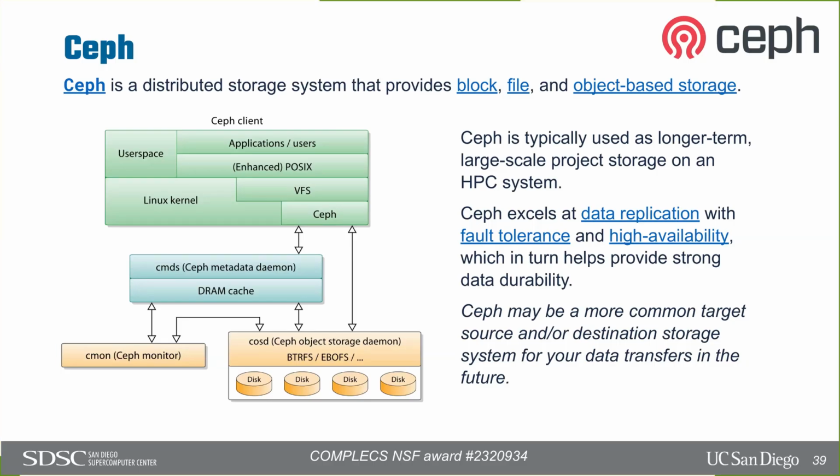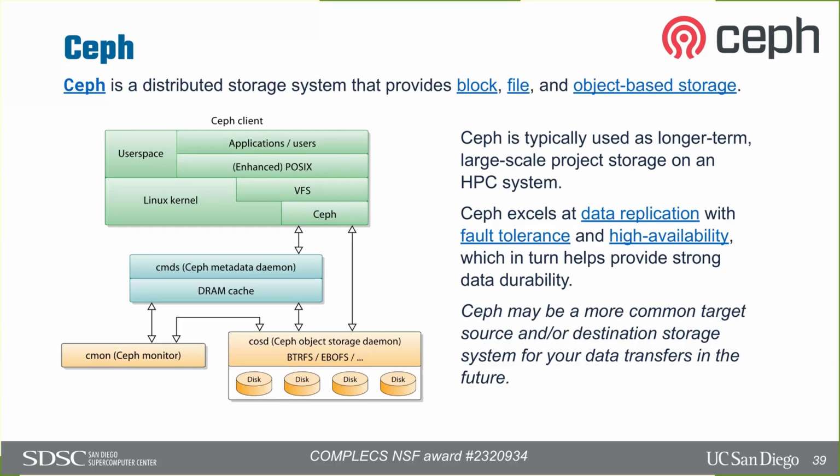It supports everything from POSIX file systems to object storage. It's pretty commonly seen these days as one of the alternatives used on HPC systems, and we have it on a couple of ours. So it's an important one to get familiar with, and you might run into it. And the one thing that Ceph does nicely is that things like Lustre are very expensive and high performance.